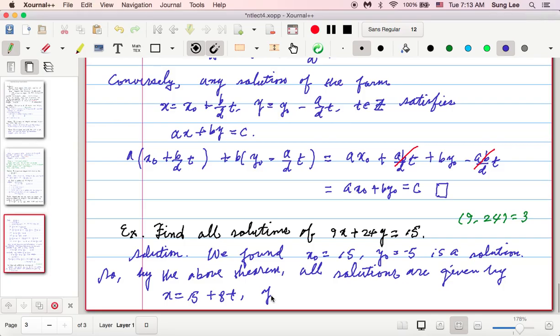And y equals y naught, negative 5, minus a over d. A over d, 9 over 3, 3t, and t is an arbitrary integer, right? So these are all the solutions. Okay, right, cool.